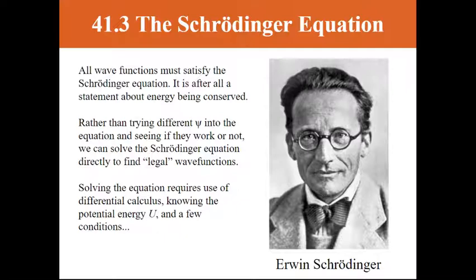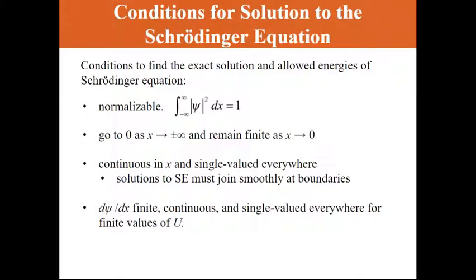You can actually solve the Schrodinger equation to find what wave functions are allowed. The only thing is you just need to establish some knowledge about the system. So if you know what the potential energy is, and if there's boundary conditions for the system, then you can solve the Schrodinger equation and get the wave function that describes the system or just the particle.